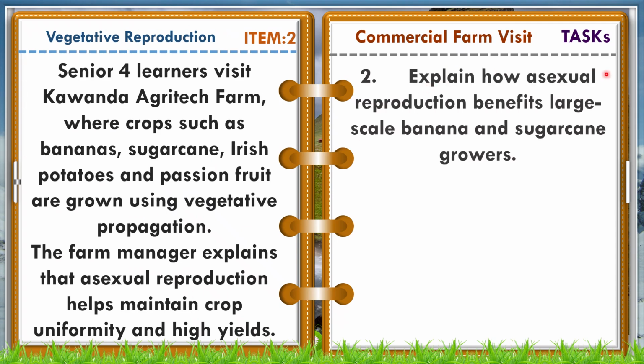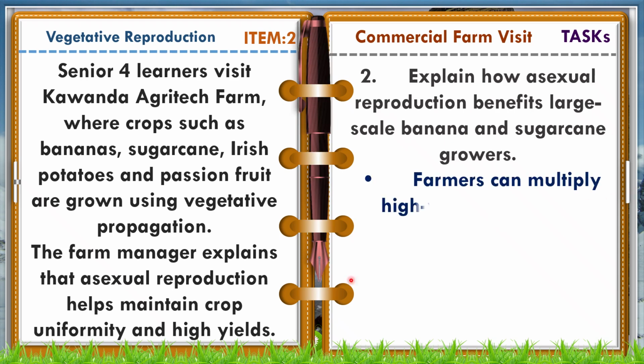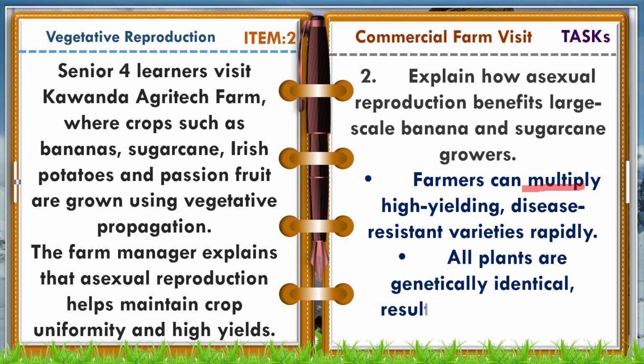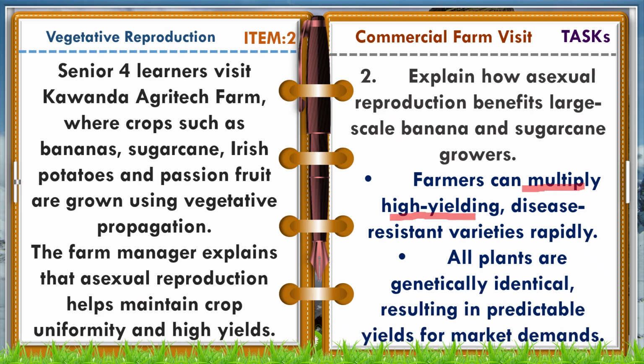Explain how asexual reproduction benefits large-scale banana and sugarcane growers. Farmers can multiply high-yielding, disease-resistant varieties rapidly.